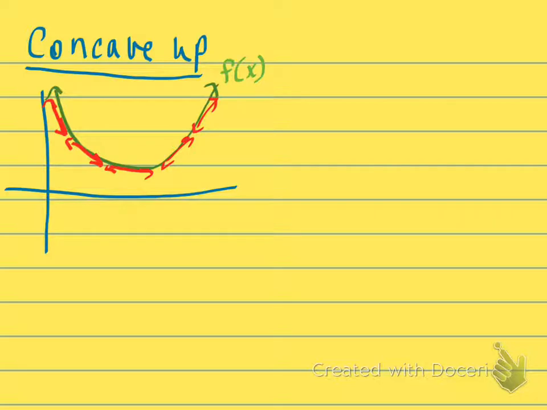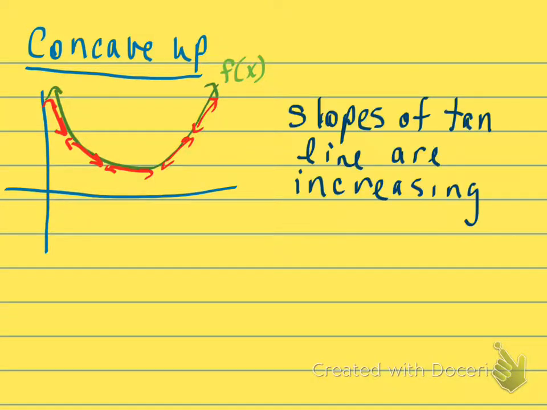I have sort of a zero slope. I have a small positive slope, bigger positive slope. So as we move from left to right, the slopes of the tangent lines are getting bigger. They're going from very negative to 0 to small positive to big positive. So slopes of the tangent lines are increasing as I move from left to right. So that's sort of the definition of what it means to be concave up.